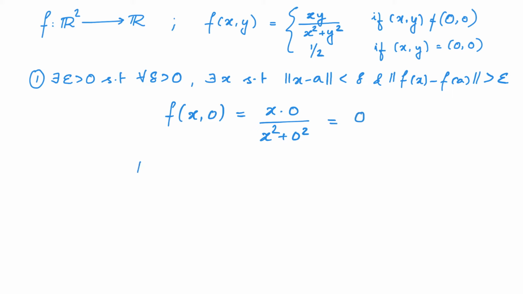And notice that norm of f of x comma 0 minus f of 0 comma 0 is equal to mod of 0 minus half, which is equal to half. Now notice that we can make the point x comma 0 as close to 0 comma 0 as we want. However, norm of f of x comma 0 minus f of 0 comma 0 will never be less than half.